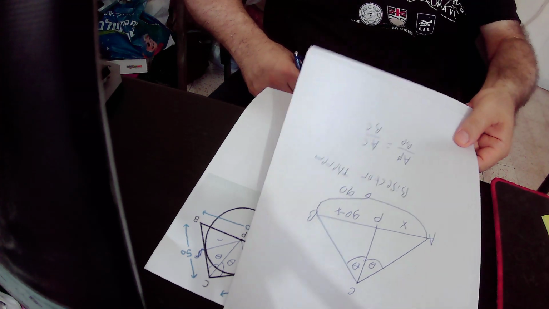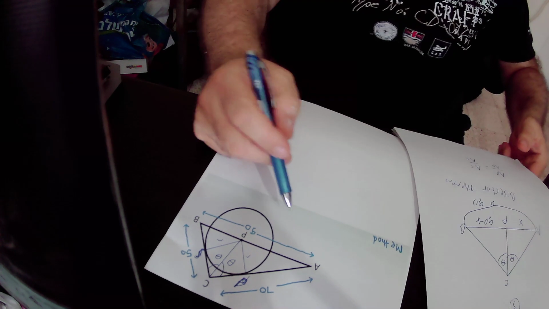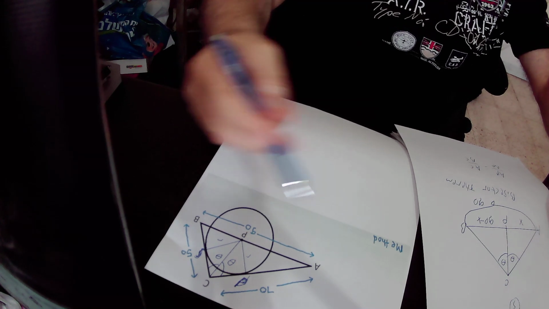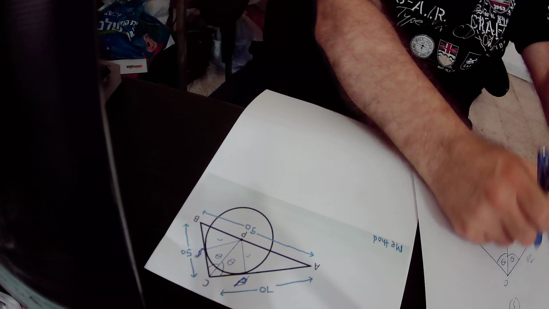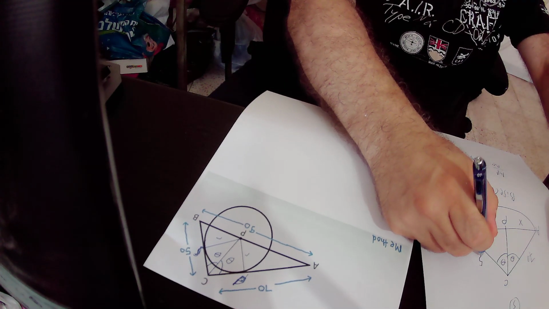And it is also given that AC equals 70 units and BC equals 50 units.